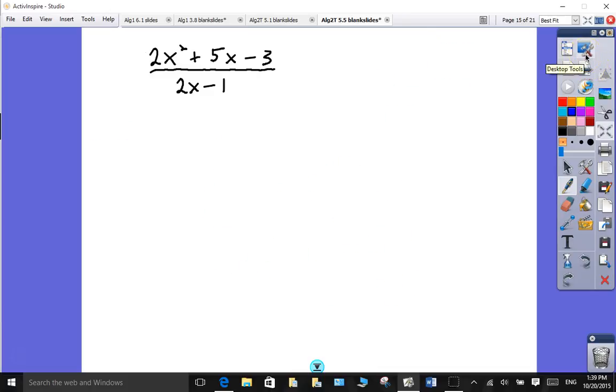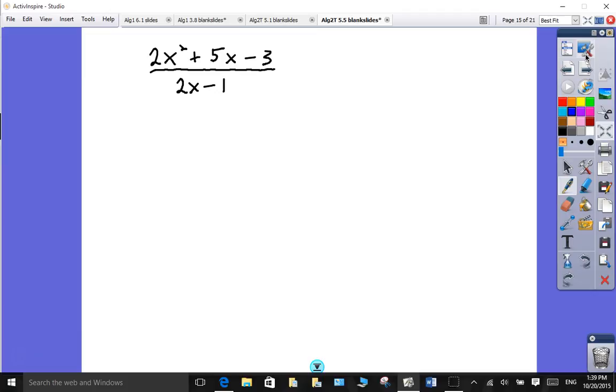Now, this would be an example of where you can't do synthetic division, at least not as it's written, because you can only divide with synthetic division if you have a simple linear factor, meaning it's 1x. But you could change that. How could you make that a 1x instead of a 2x? Divide it by 2, right? But if you divide the denominator by 2 to make a 1x, you've got to divide the numerator by 2, right?